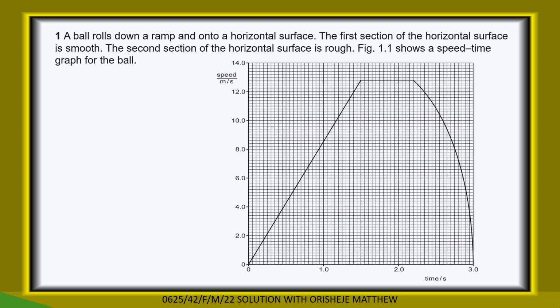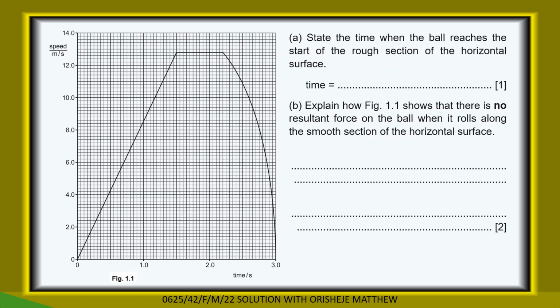Yes, let's start. Question 1. A ball rolled down a ramp and onto a horizontal surface. This graph shows the speed time graph for the ball. The first question: state the time when the ball reached the start of the rough section of the surface.